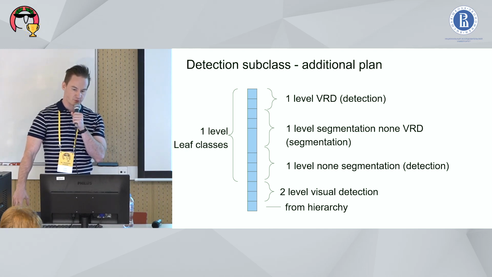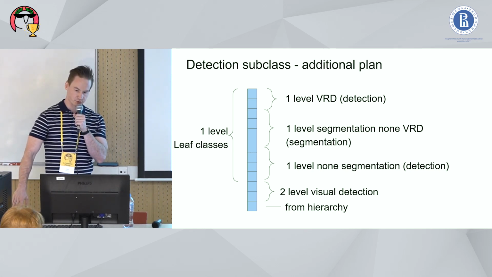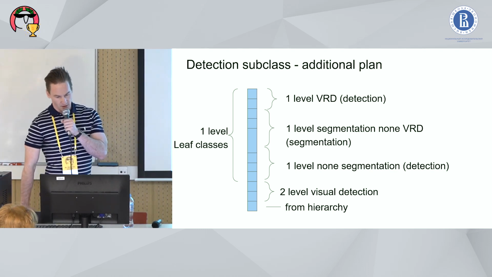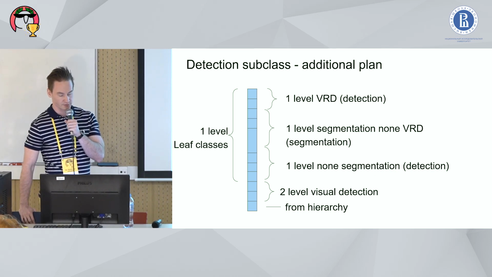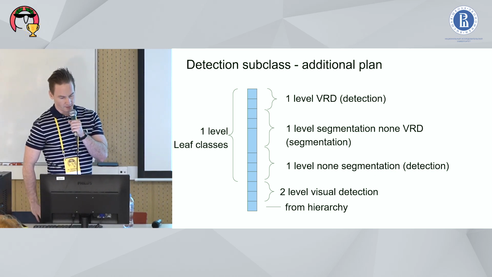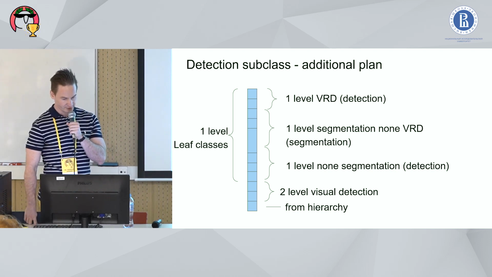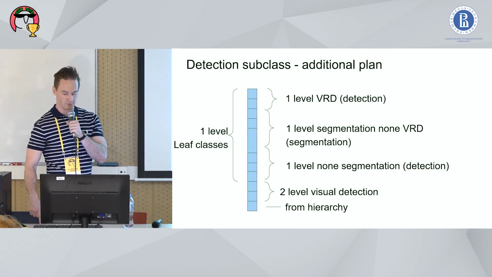The first group was for the visual relationship track, because I planned to participate in that track, and it was very important to train an expert model for this subset of classes. The second group I planned to take from segmentation, and I also planned to train a detection model for the rest of the classes not included in the segmentation task. And to improve my performance on the visual relationship track, I planned to train an independent model for the second level of that track.